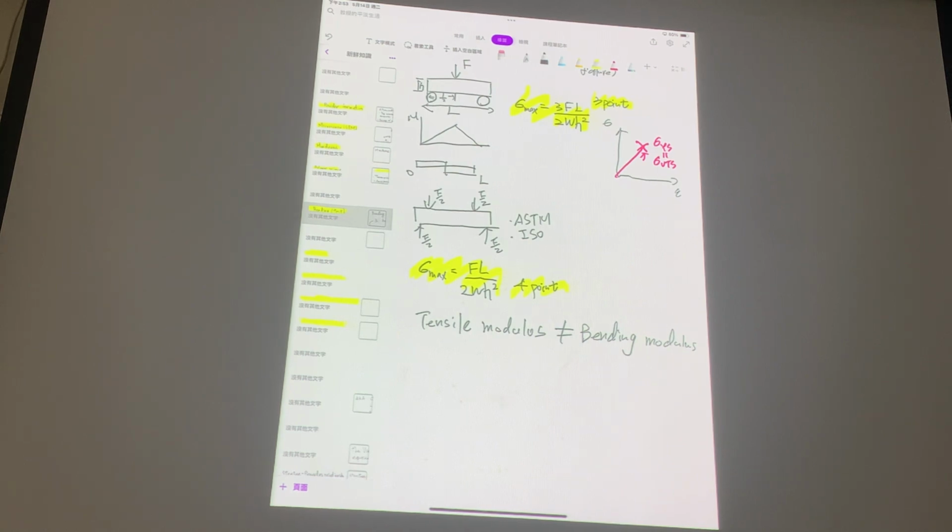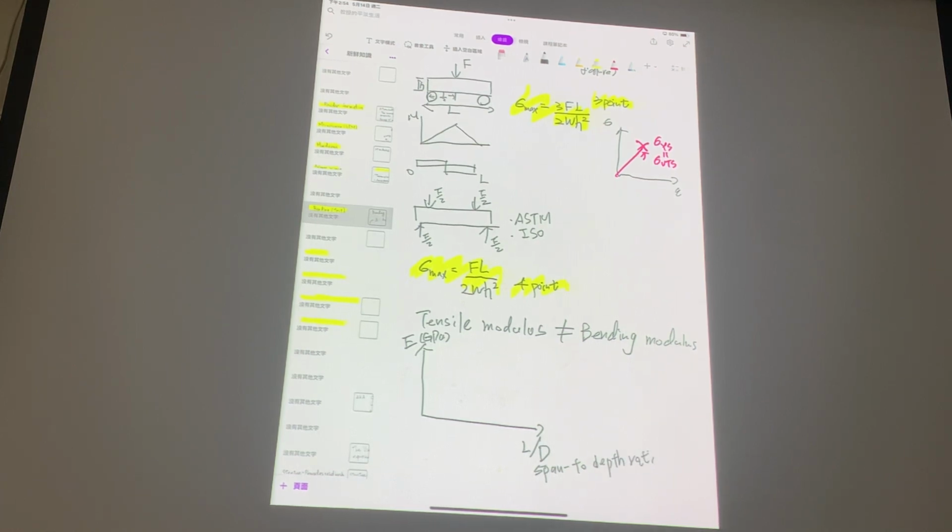So if you have enough specimens, what you could do is plot like this. E is the modulus, and normally it's in GPa. The axis over here is L divided by D, the span to depth ratio.